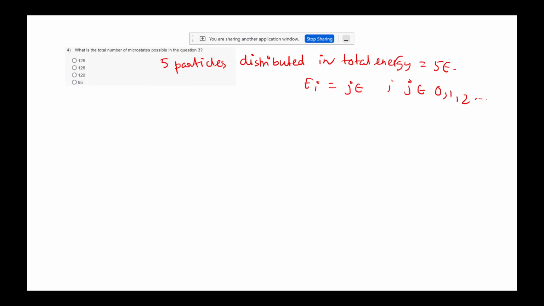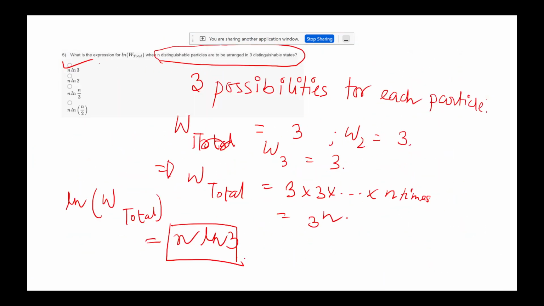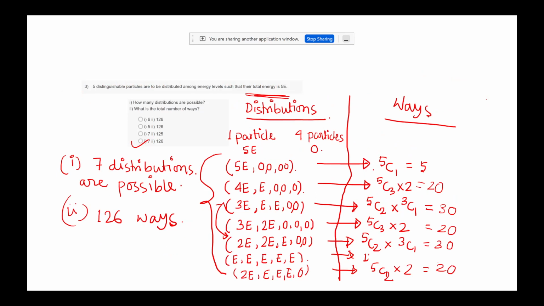Yes, we have done this problem today. Sir, like we are going to write 5, 0, 0, and we are calculating. Yes. So this problem and that problem are similar, right? Yes, sir.